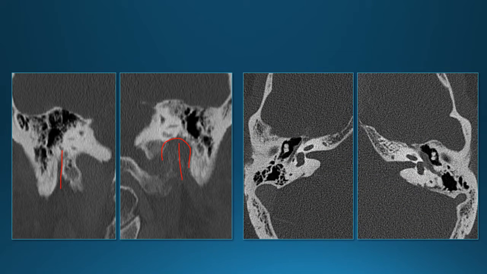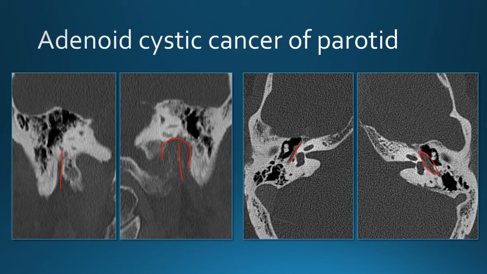And we can go further up to the tympanic segment. Again, we see the tympanic segment of the facial nerve canal is very wide compared to the normal right side. So here we're dealing with a tumor of the parotid gland. This one turned out to be adenoid cystic cancer, which has a very high propensity for perineural spread.